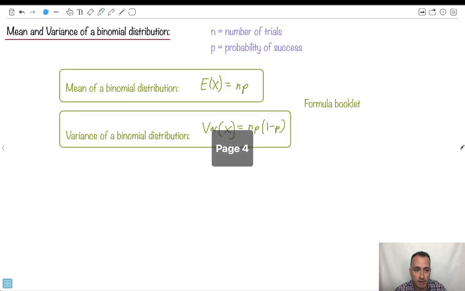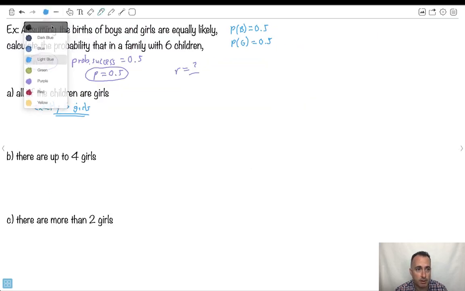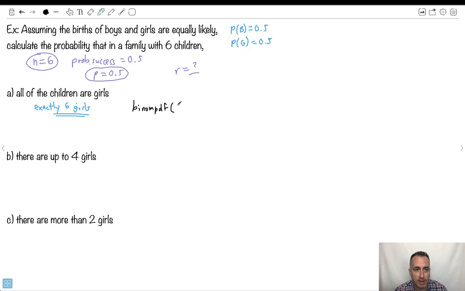So I'm going to write it down: binom PDF. For n, I'm going to put in 6. For p, I'm going to put in 0.5. For r, I'm going to put in 6. So what are these different values again? This is n, this is p, and this is the number of successes, r successes. Let's do this on the calculator. We'll figure that out in a second here.